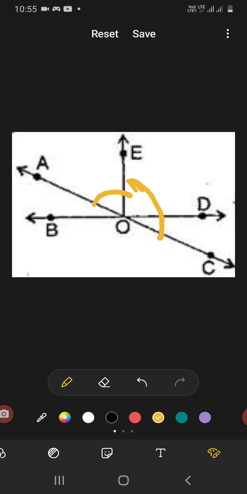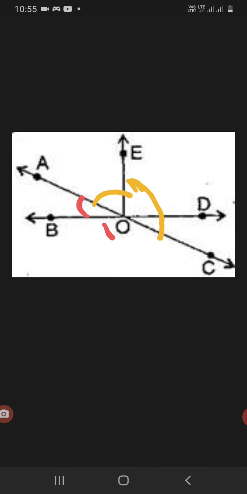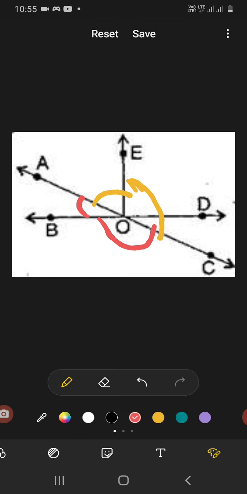Another pair is BOA and BOC. The sum of these angles is 180 degrees and both are not equal.